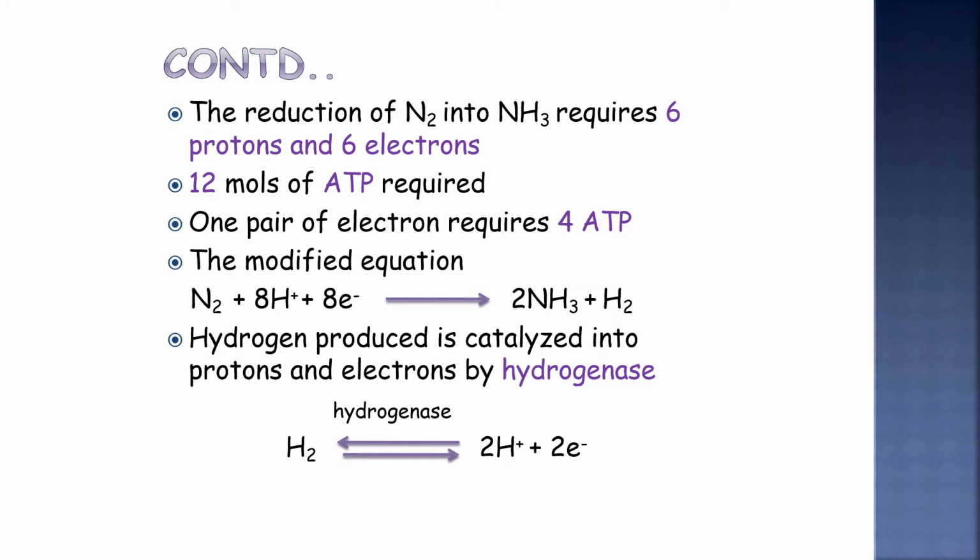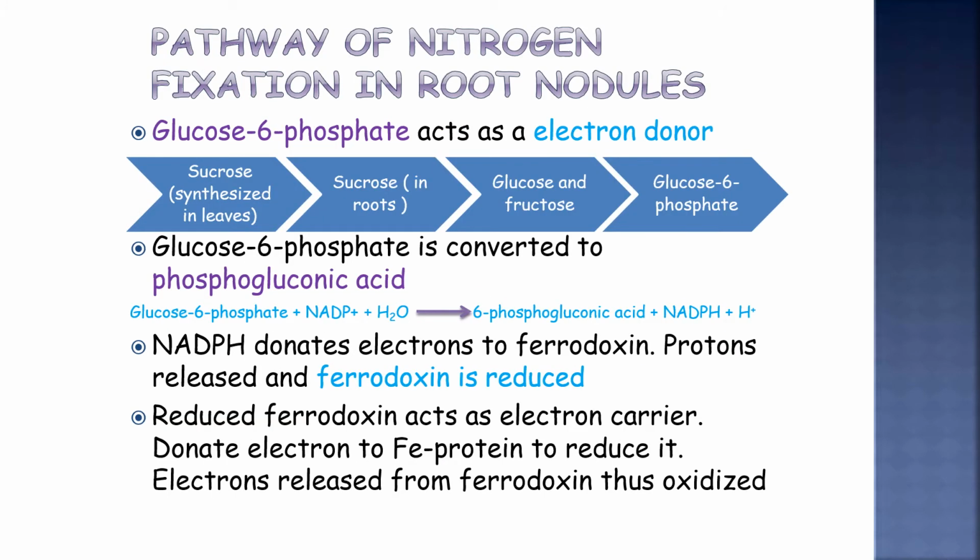The modified equation is now 2 atoms of nitrogen plus 8 hydrogen ions plus 8 electrons gives 2 molecules of ammonia plus 2 free hydrogen. So the hydrogen produced is catalyzed into protons and electrons by hydrogenase. In the presence of the hydrogenase enzyme, hydrogen gives two hydrogen ions and two electrons.